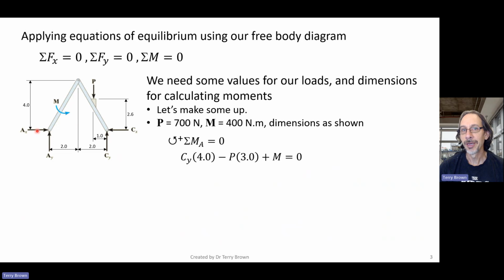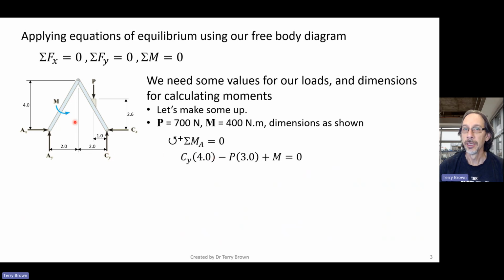So taking moments about point A, we have the force Cy causing an anti-clockwise moment about point A. Its perpendicular distance is 2 plus 2 equals 4. So Cy times 4.